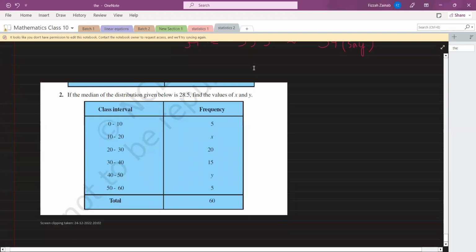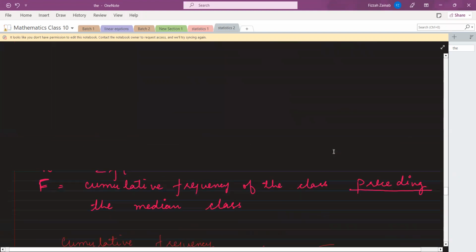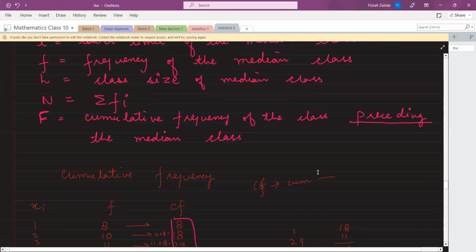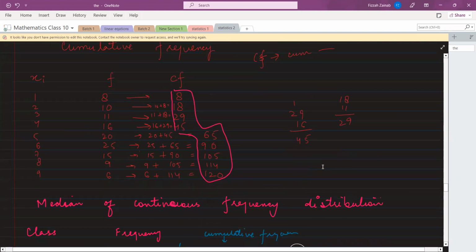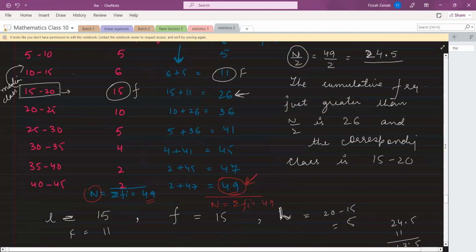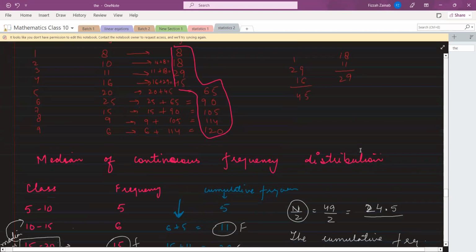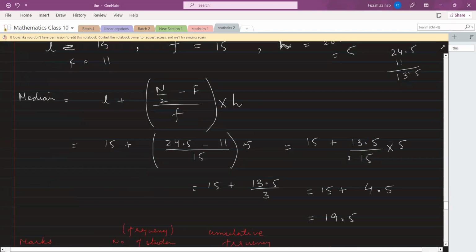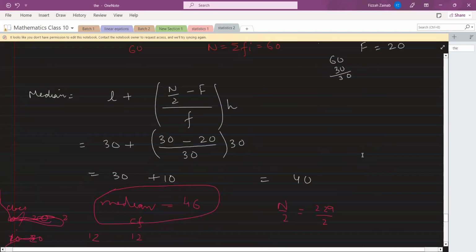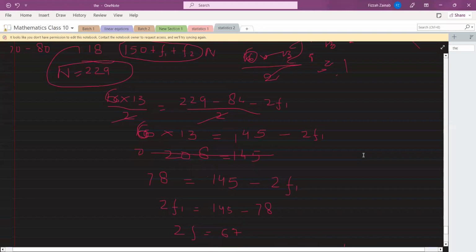Have you got F2 now? Is everyone getting F2 as 45? 1 minute.